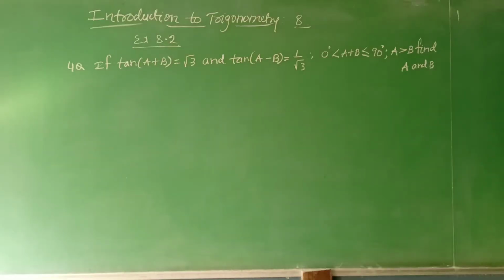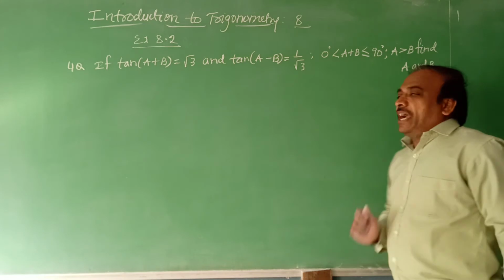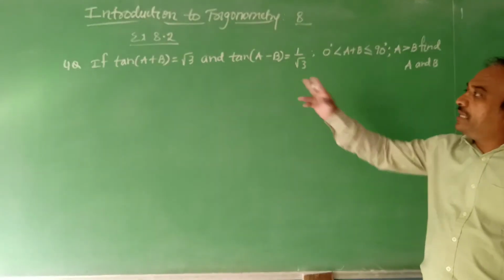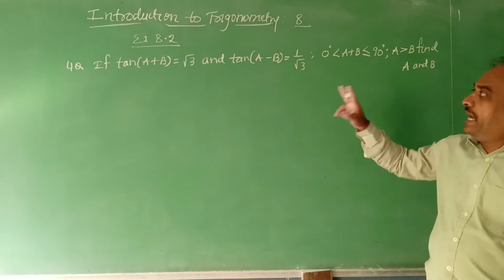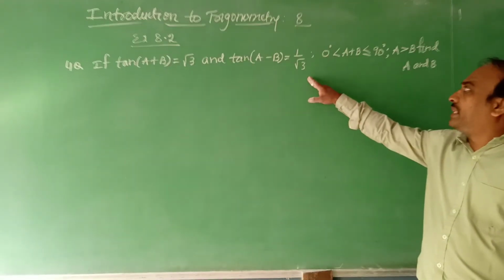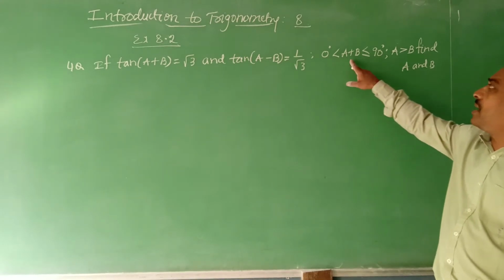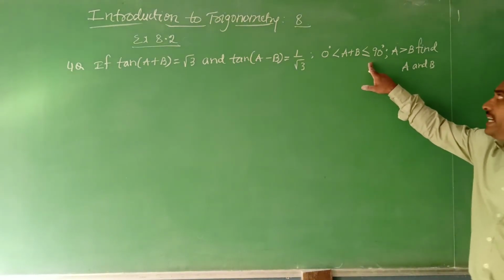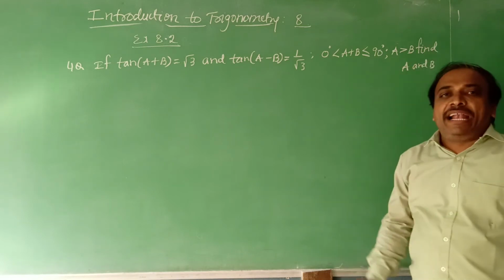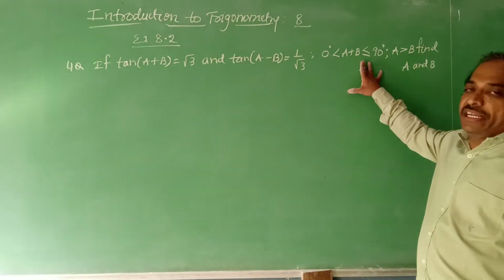Now see question number 4. If tan of a plus b is equals to root 3 and tan of a minus b is equals to 1 by root 3, where 0 degrees is less than a plus b, less than or equal to 90 degrees, a greater than b, find a and b. This is the condition actually.